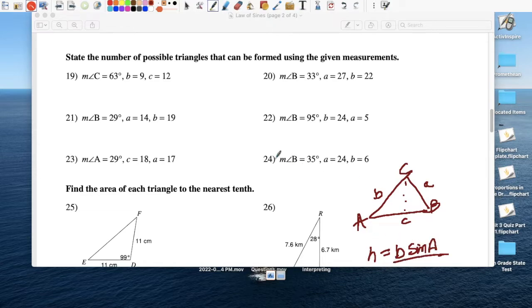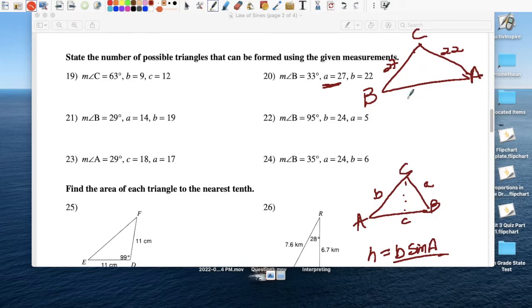So now when you have different triangles, like 20, b takes the place of a, right? So this little b here is 22, and then notice that 27 here, I put it over here, and if I put 27 here, that means angle A is over here and angle C here.